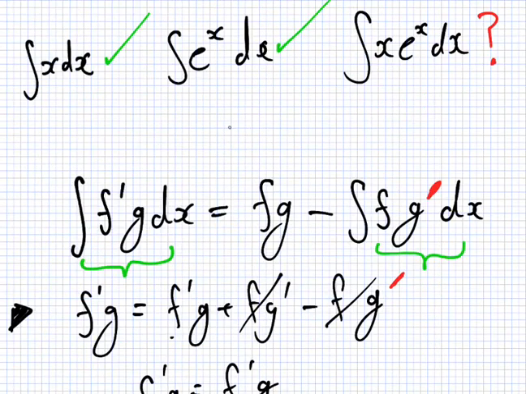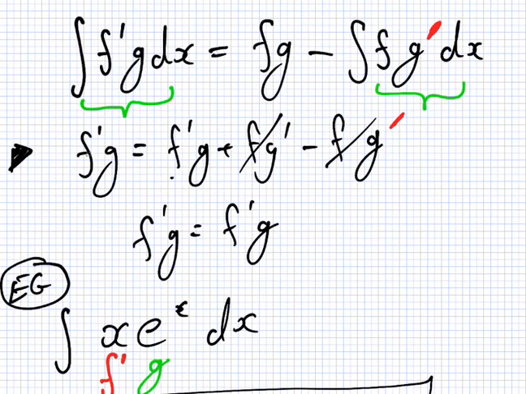Too early. Fix this again. The formula is fg' equals fg minus f'g. So make sure in the formula at the start the derivative's on the second one, and on the other side it's on the first one.